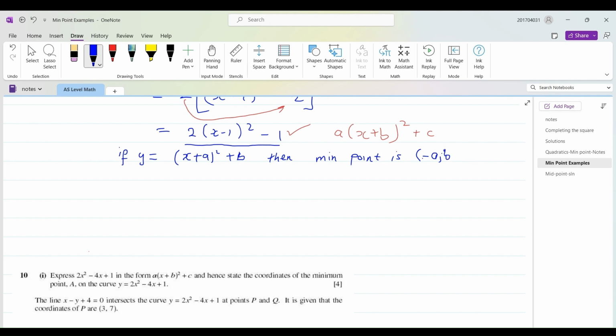For negative a, we just need to invert the sign of the value of a. Then b, we just write as it is.